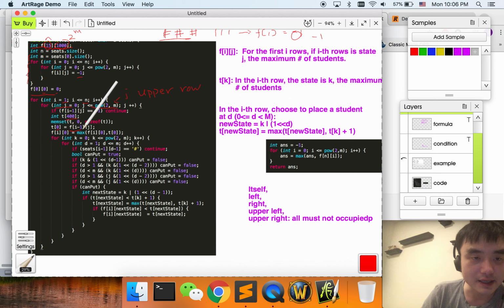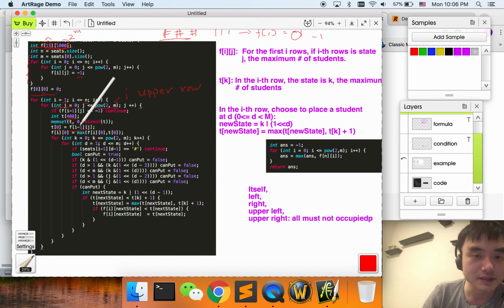This is the upper row with j as the state, and T0 means we don't put any student in this row.